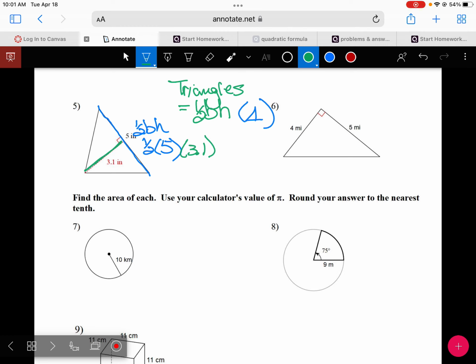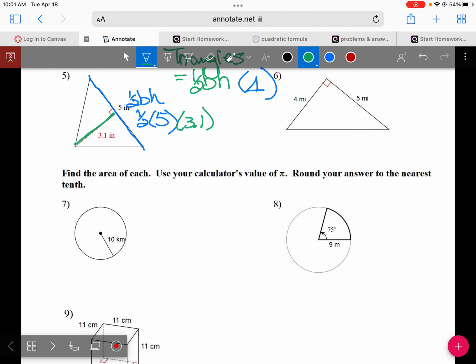It's probably been 4 people on this side, at least 1 on this side. That's 5. I shouldn't have to say this. We have a test tomorrow. You need to be taking this a little bit more seriously. Why am I going over these if you're not paying attention, you're on your phone?